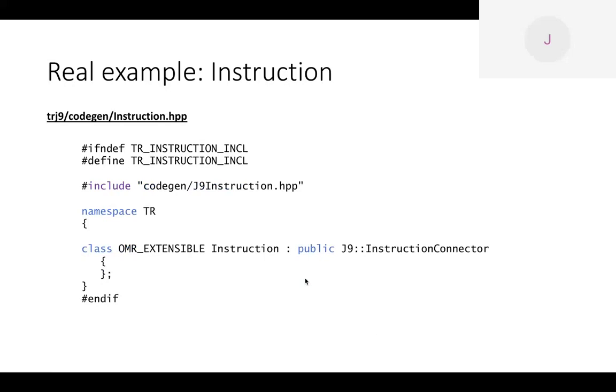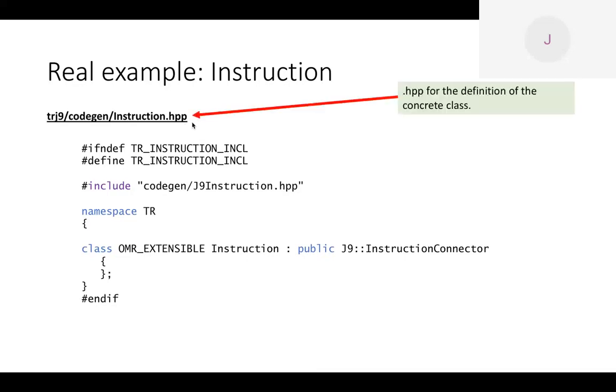So this now is an example of a concrete file, or a concrete class definition. The name of the file is now instruction.hpp, and you'll remember from the CPP file that this is the name that we actually used when we were including in the CPP file.